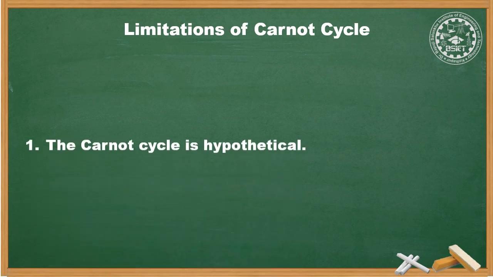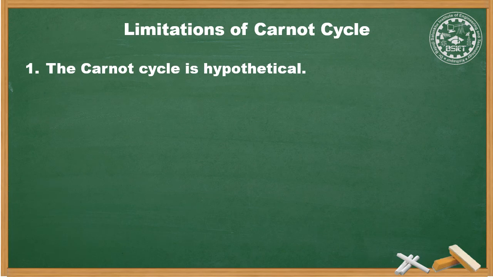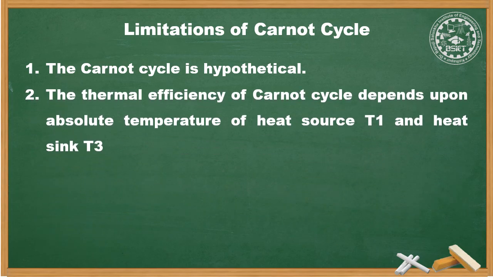Number 1, the Carnot cycle is hypothetical. Alternate reversible adiabatic and reversible isothermal processes are not possible. That is, heat addition and heat rejection at constant temperature is not possible. Second, the thermal efficiency of the Carnot cycle depends upon the absolute temperature of heat source T1 and heat sink T3.